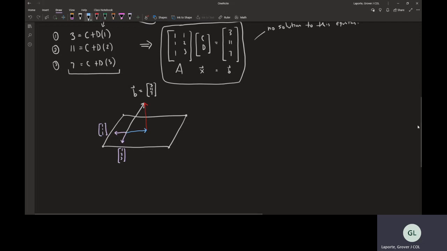So this vector, I'm going to call it P. This P vector is what's called a projection, and it is the vector that is the closest to the B vector that lies in the plane, and it is right underneath the B. So P is a projection of the vector B onto what's called the column space.